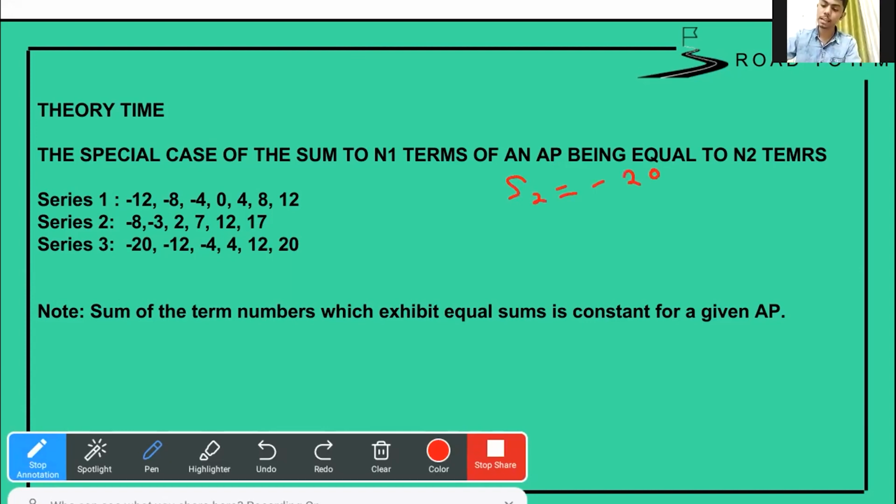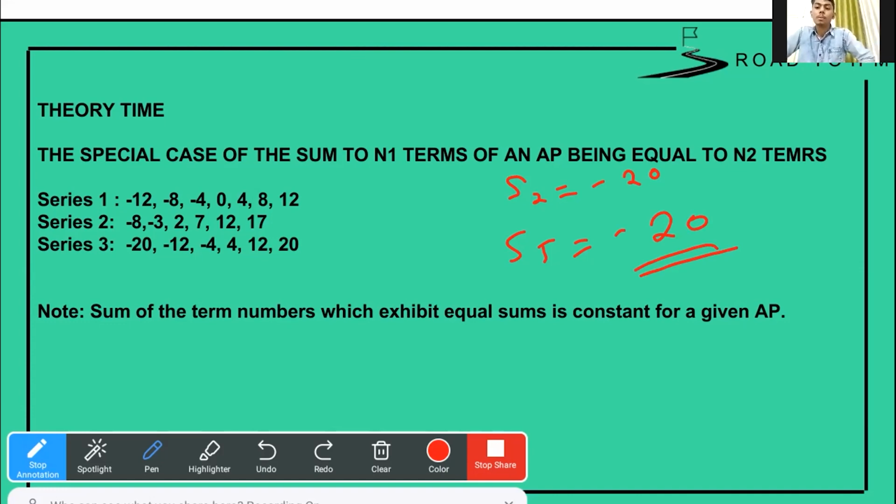And let's find S5 as well: minus 20, minus 24, minus 24, minus 20, 12. This is S5, sorry, minus 24, minus 20. So here, S2 is equal to S5. Similarly, if you take S3 and S4 too, you'll get that both of them are equal.